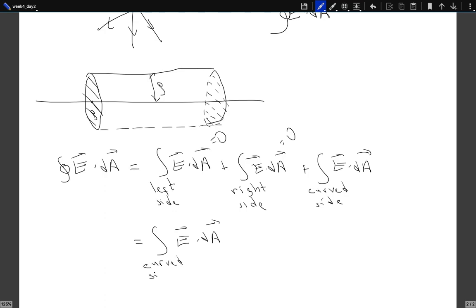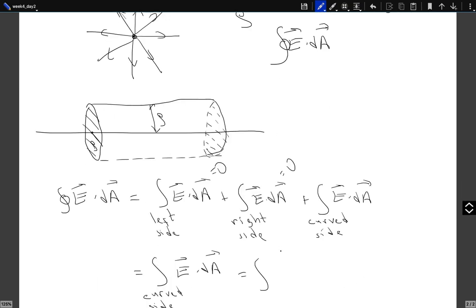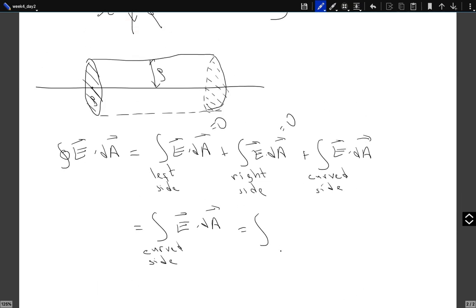Now let me write the scalar product. The magnitude of the electric field at every point on the curved side. Remember, the magnitude depends only on the distance from the wire. Well, the definition of the cylinder is that all those points on that curved side are at the same distance from the center. So it's just E rho. This is the magnitude of the electric field, and rho is a constant. E rho is a constant. I will take it out of the integral.